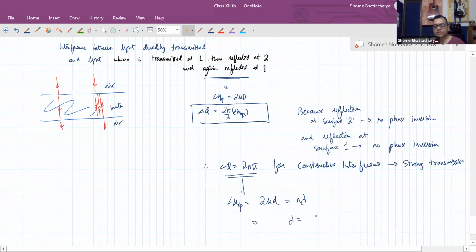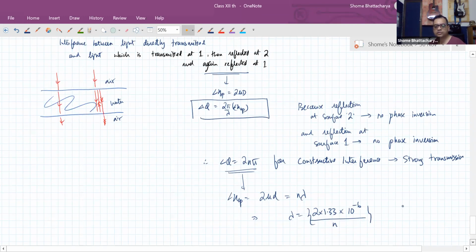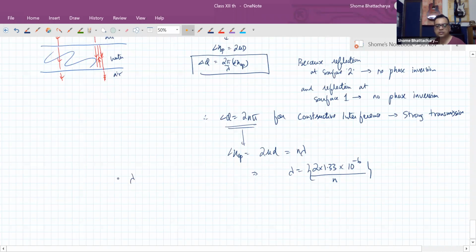So the wavelength should be in this region: 2 times 1.33 into 10 raised to the power minus 6, divided by n. So we have to look for those values which fall in this region.